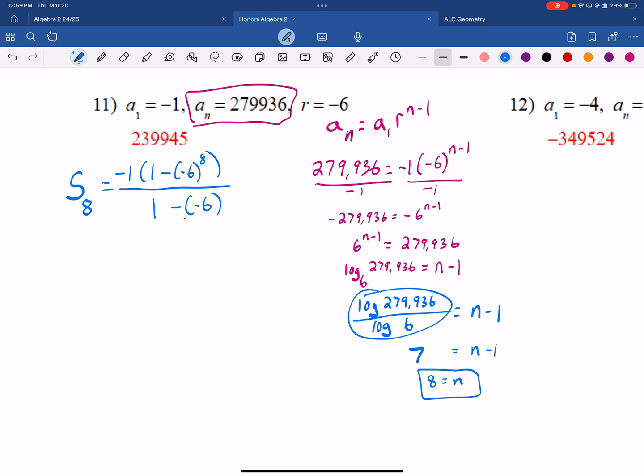So in the numerator, -1 times 1 minus -6 raised to the 8th.